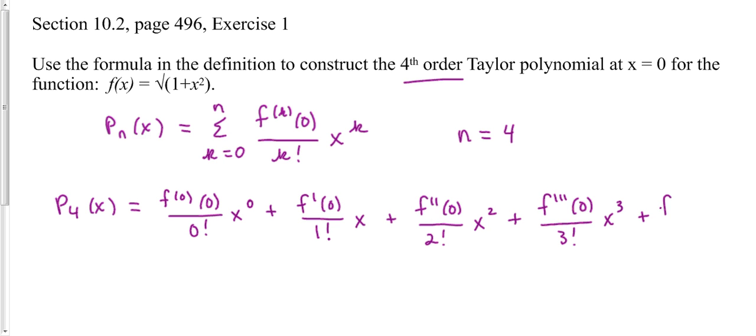And then our last term will be the fourth derivative evaluated at 0 over 4 factorial times x to the fourth.